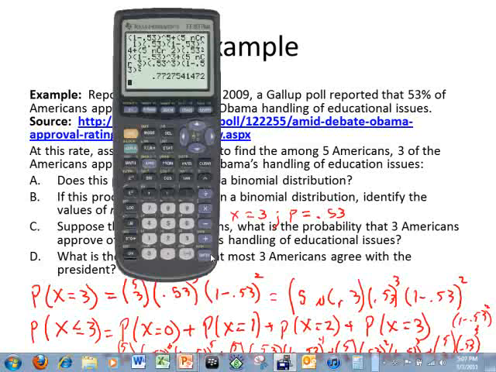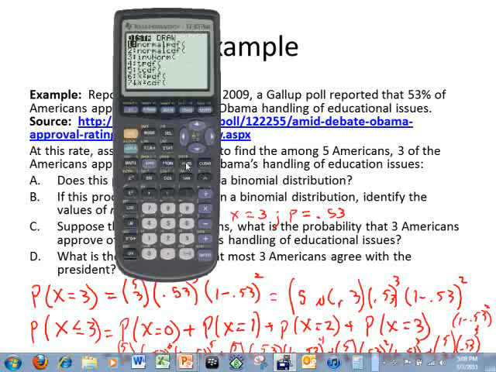All right, I think at this point in time, I would like to introduce a built-in routine so that we don't have to do this all the time. But it is doable. Press the second distribution key, in yellow above the vars key.